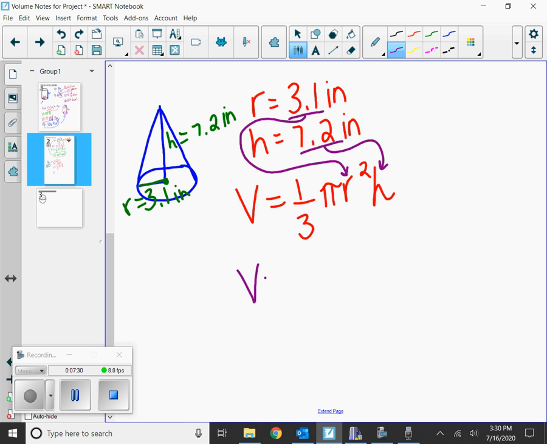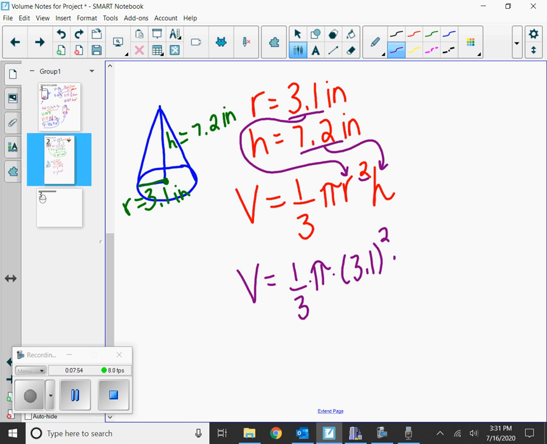So V, which stands for the volume that we're looking for, equals 1/3 times pi times our radius, which is 3.1. Again, I'm going to use parentheses just because there's a lot of dots on our screen. So 3.1 is then squared. Don't forget your square on the radius.